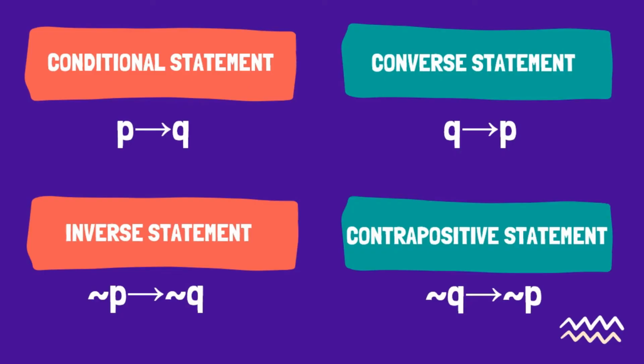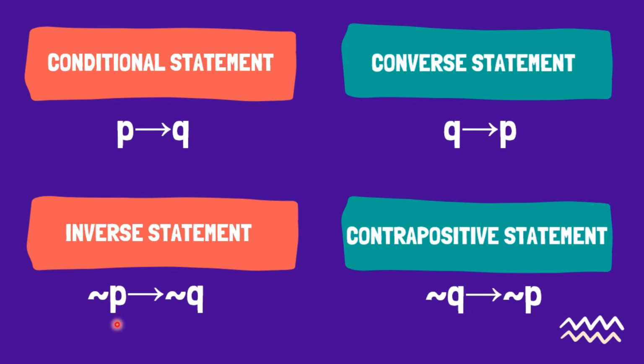Okay? So take a look and take note of this symbol. Okay? Always remember, that the conditional statement or the original conditional statement is written as P arrow Q. If P, then Q. The P is the hypothesis, Q is the conclusion. Then the converse statement would be Q arrow P. If Q, then P. Walang negation. Converse.